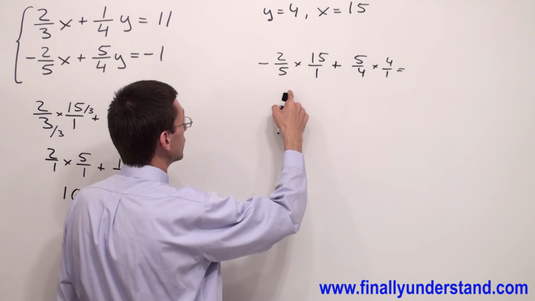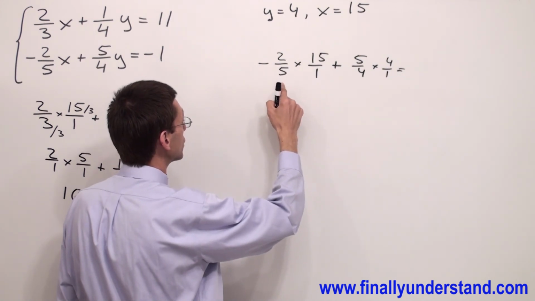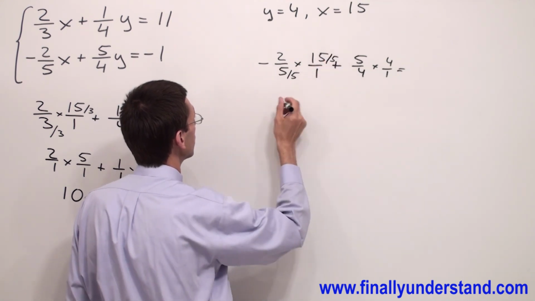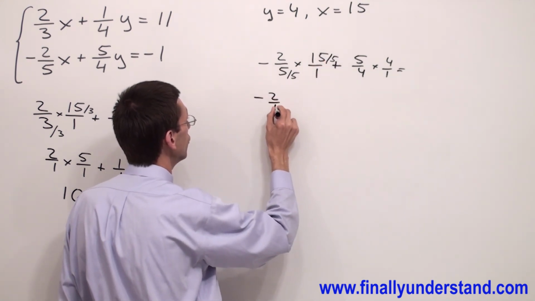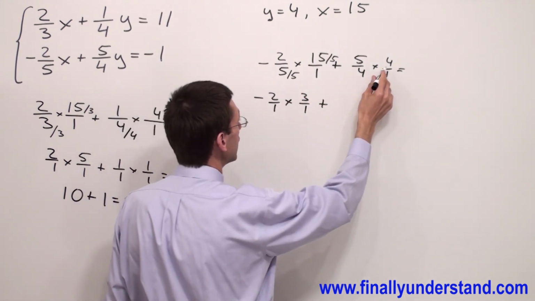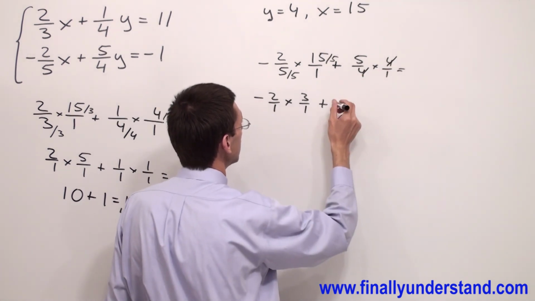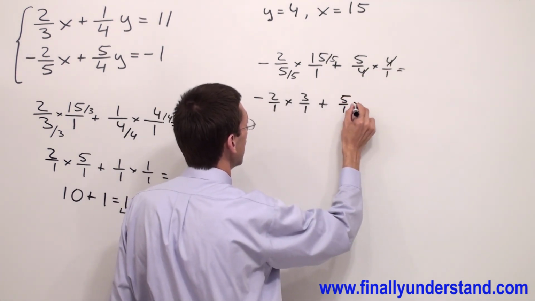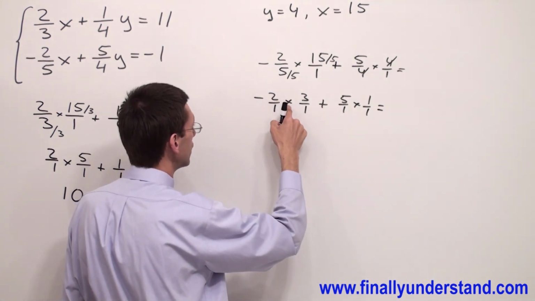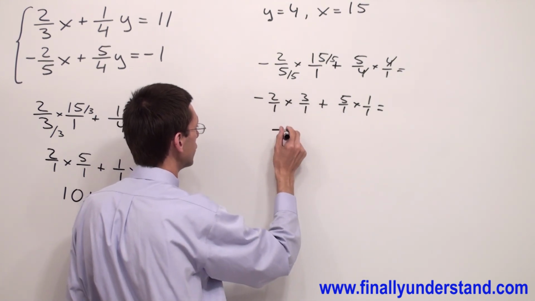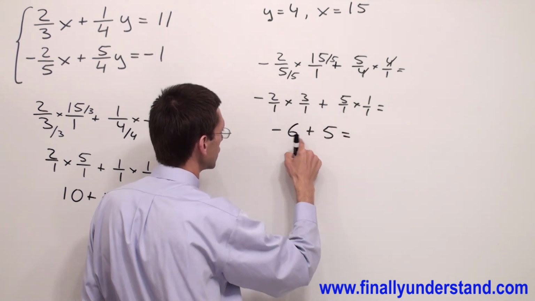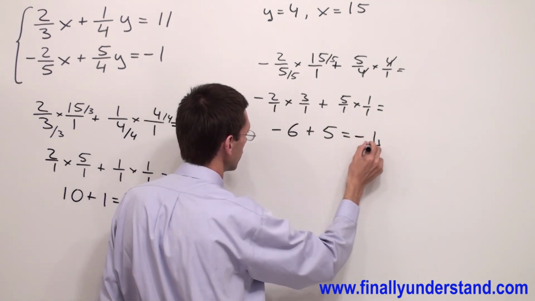Multiplication of fractions. Check if you can reduce any denominator with any numerator. 5 and 15 are divisible by 5. So I have minus 2 over 1 times 3 over 1 plus 4 and 4 will cancel out, and I'm going to have 5 over 1 times 1 over 1 equals minus 2 times 3 is equal negative 6 plus 5. Negative 6 plus 5 is equal negative 1.